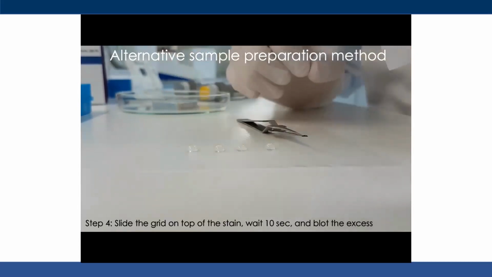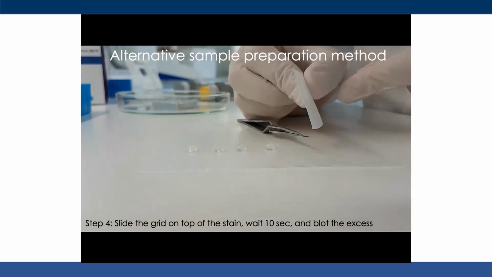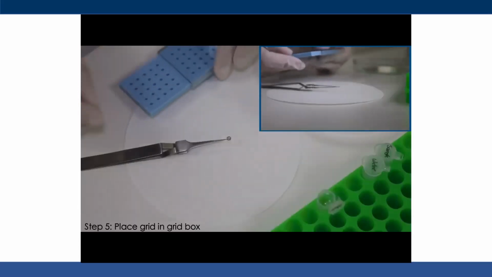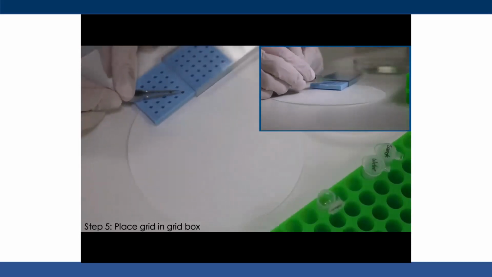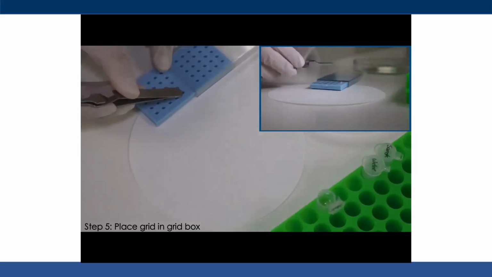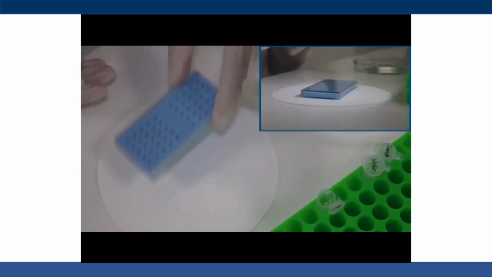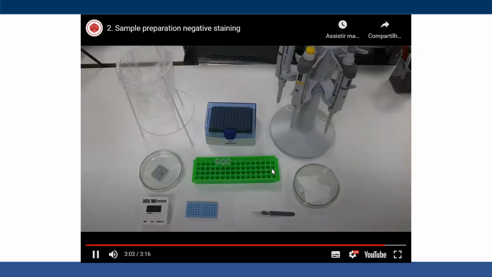Slide the grid on top of the stain, wait 10 seconds, and then blot off the excess liquid. Finally, store the prepared grid in a grid box until you are ready for imaging. If your grid appears to be sticky, this can be caused by an excess of sample. Next time, prepare the grid with less sample. This completes the sample preparation by negative staining.